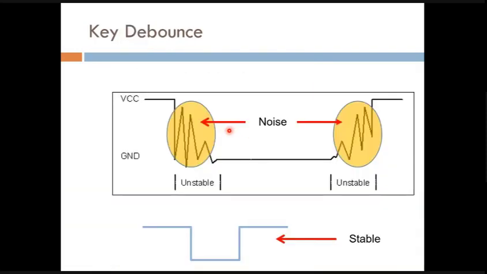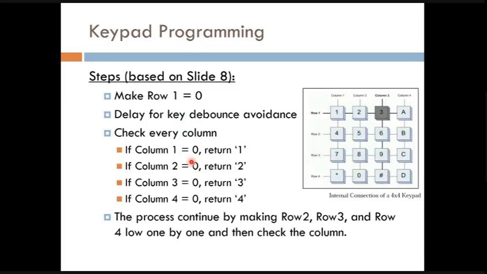Okay. And then the debounce effect also exists for keypad. So whenever you want to write your program, you consider the debounce effect. You need to put some delay between keypad pressing, just like a switch button, because of the debounce effect.